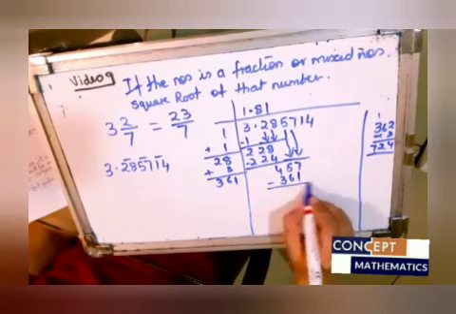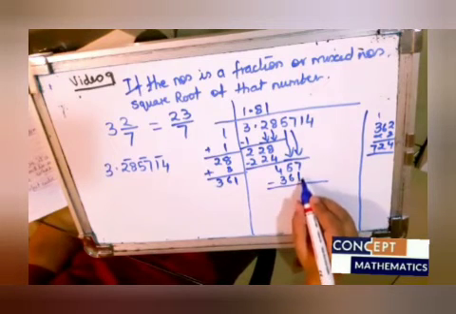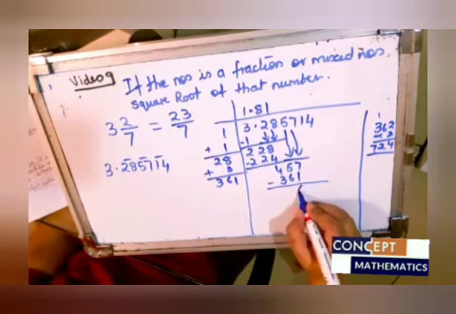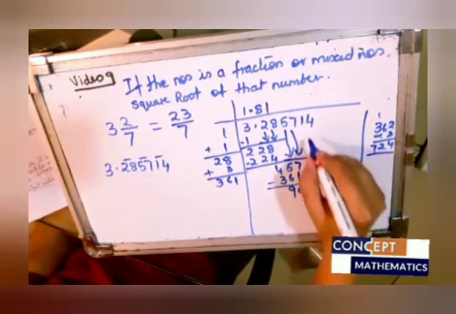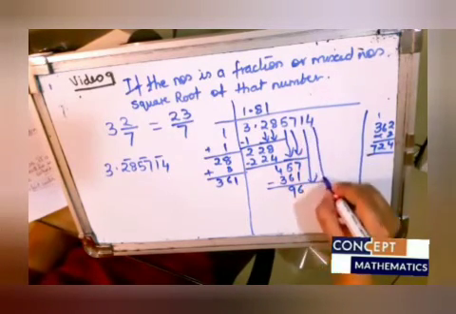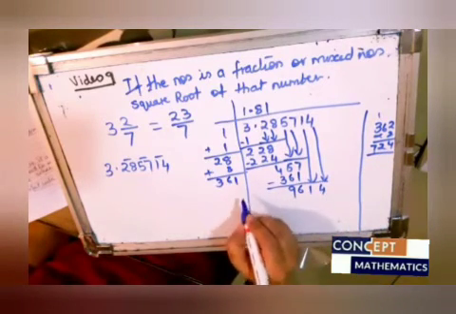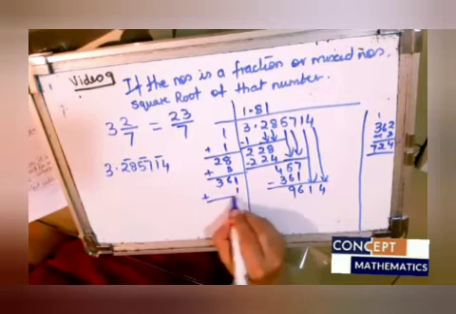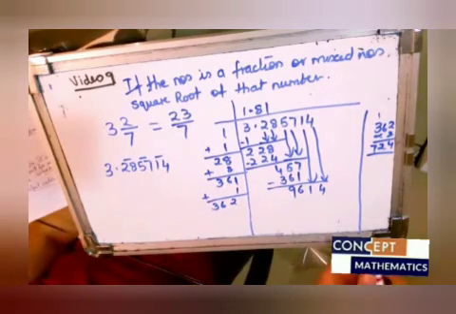You subtract it and you get 96. Then you bring down 14. So this is 9614. Again you will add 1 here. So your number is 362.